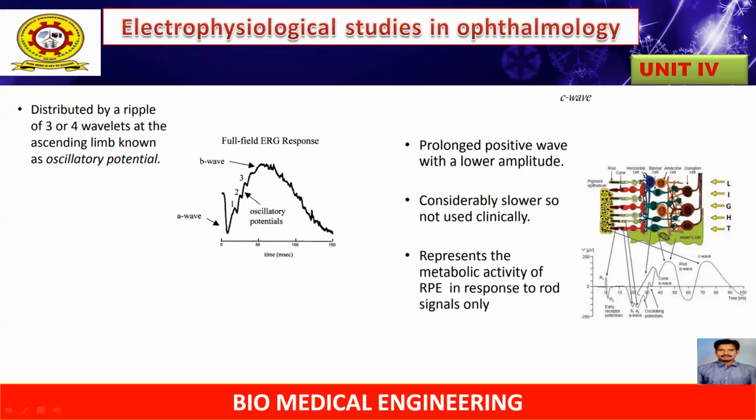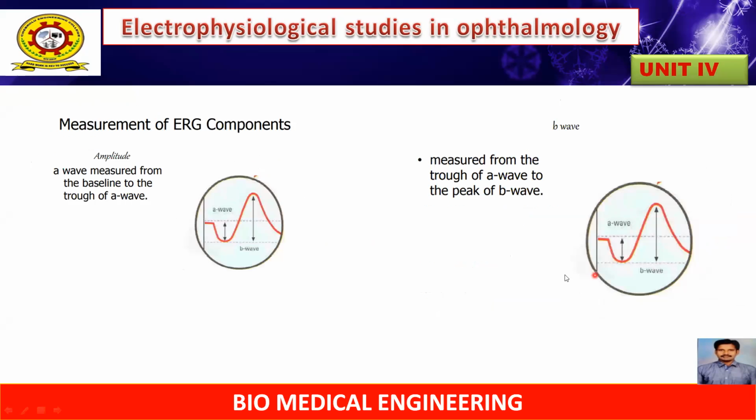I think you are all looking at this C wave. This is the B part, the B wave. This is the initialization, the A wave, and this is the final status of the C wave. These are the various extra literature pictures. Suppose this is the ERG pattern.